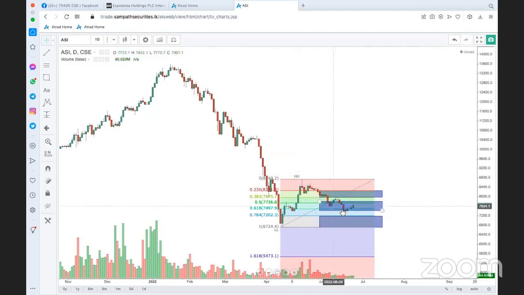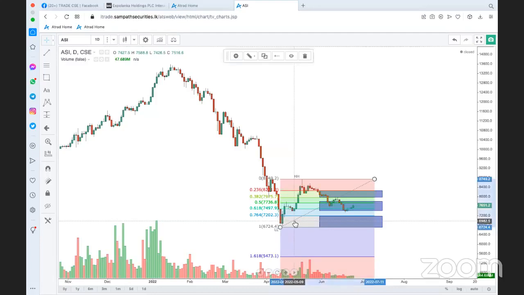Now, when the prices are moving higher, then my rule for my personal analysis is to turn the retracements to the other side, meaning I reverse it, right?